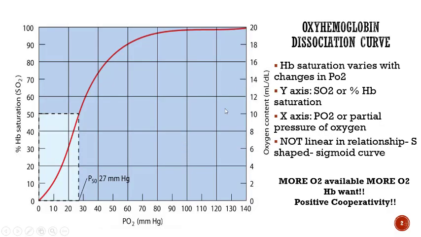So this is the oxyhemoglobin dissociation curve. If you guys notice on the x-axis, it's got the pressure of oxygen. On the y-axis, you have the percent hemoglobin saturation. I just want to point out, whenever you see just PO2 with no A or capital A or V, that's just a general pressure of oxygen.